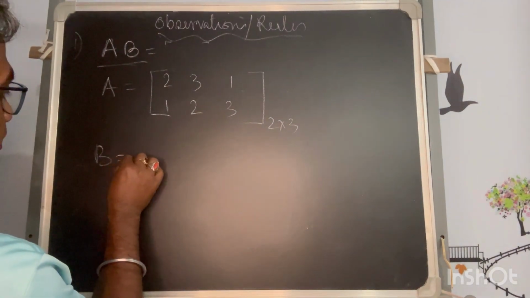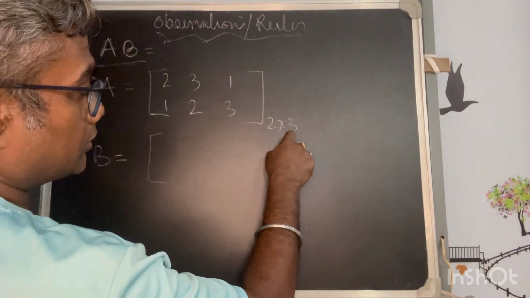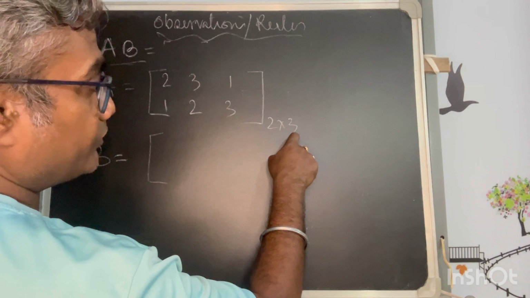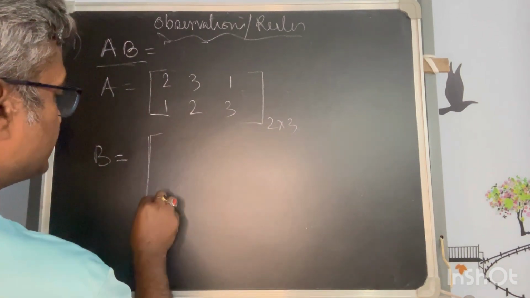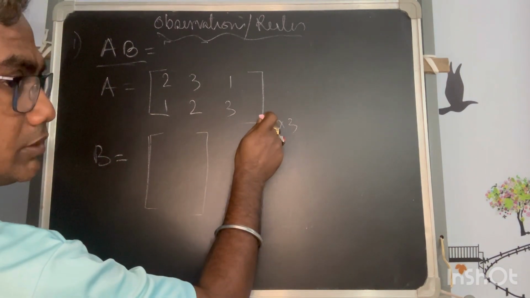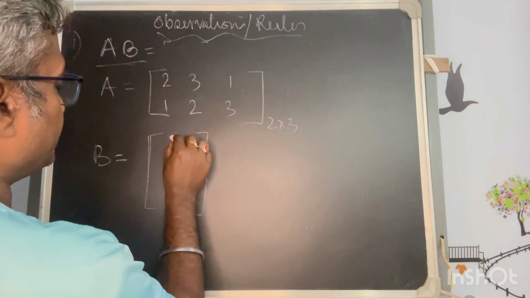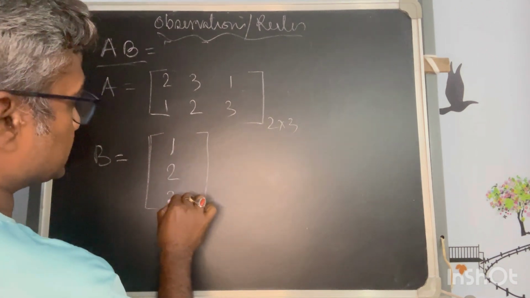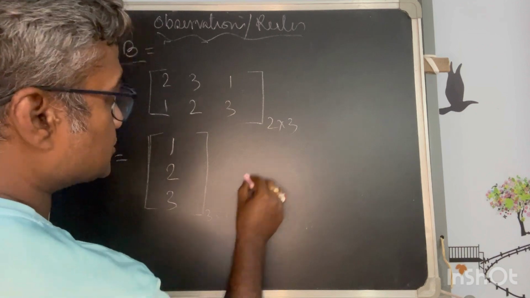If I take any other order, where the column of the first and row of the second I keep the same, but I do not keep the row of the first and the column of the second the same. So if I take 1 2 3, you can see this is 3 cross 1, but this is not equal to this.